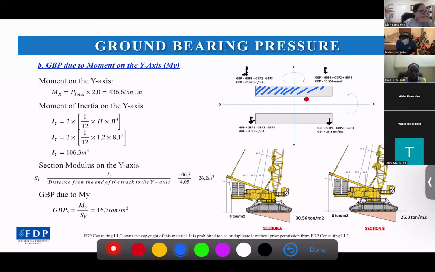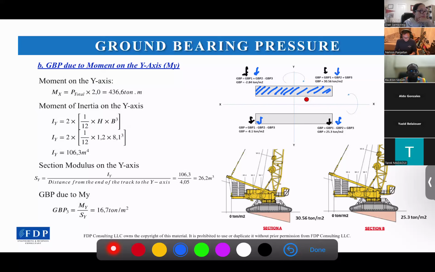So the track at this side, I will put plus GBP2 here, and the other side will be minus GBP2. Okay, and then we continue with GBP3, the ground bearing pressure due to moment Y.